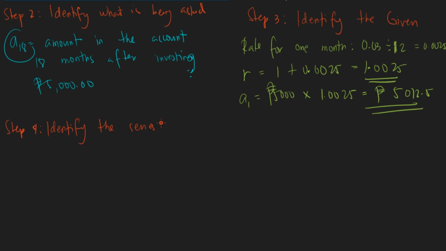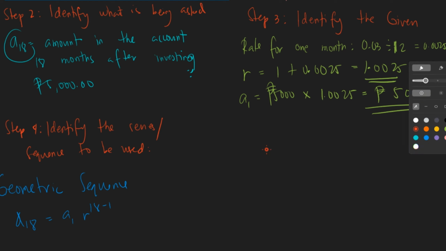Obviously, because we have a common ratio, it would be a geometric sequence. And the formula would be A18 is equal to the first term times the common ratio to the power of 18 minus 1.